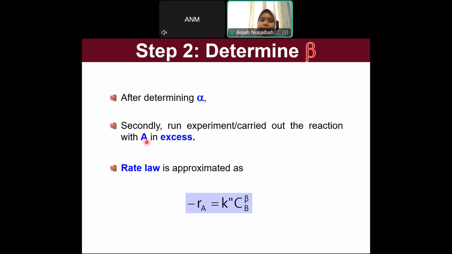When A is in excess, similarly as just now, kCA is going to be equal to kCA naught. Since it's a constant, we can represent it as k double prime. So we can simplify the equation into minus rA equals k double prime CB beta. From this second set of reactions, we're going to find beta. First set of reactions, we got alpha. Second set, we got beta, after we do the differential method.